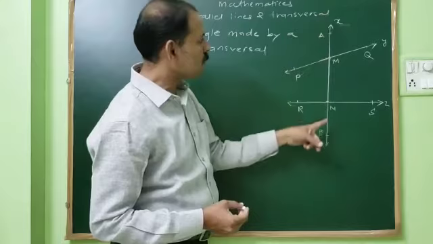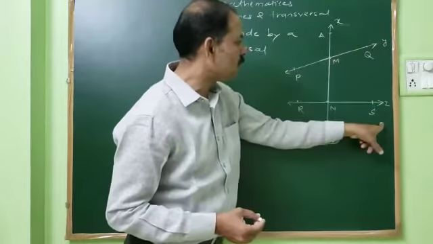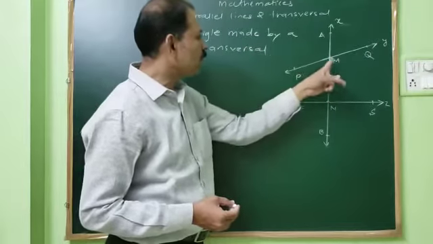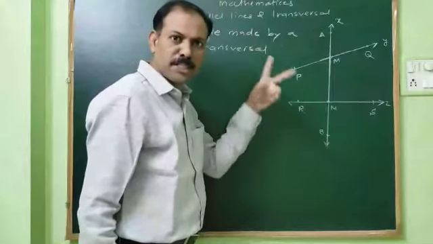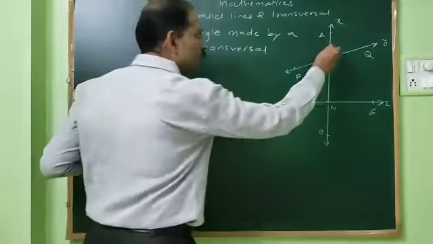The transversal intersects the lines Y and Z at distinct points M and N, and at each of the intersection points four angles are formed. Which are they?